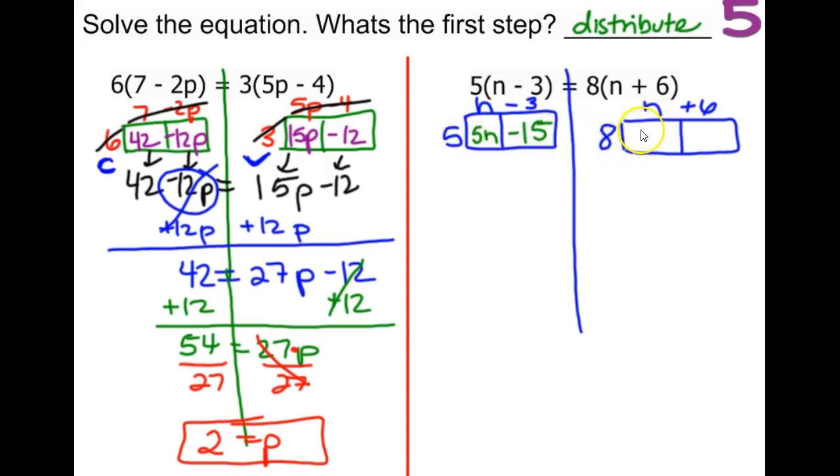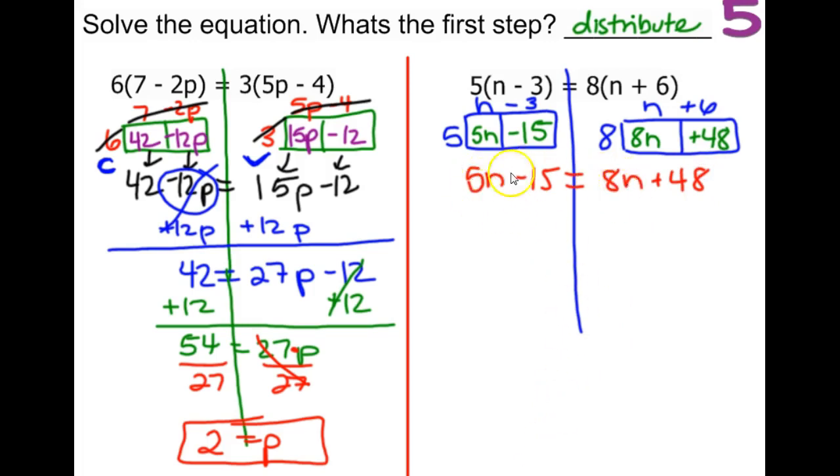Over here on this side, 8 times n, just put them together, 8n. 8 times 6, or 6 times 8 is 48. So we have 5n minus 15 equals 8n plus 48.